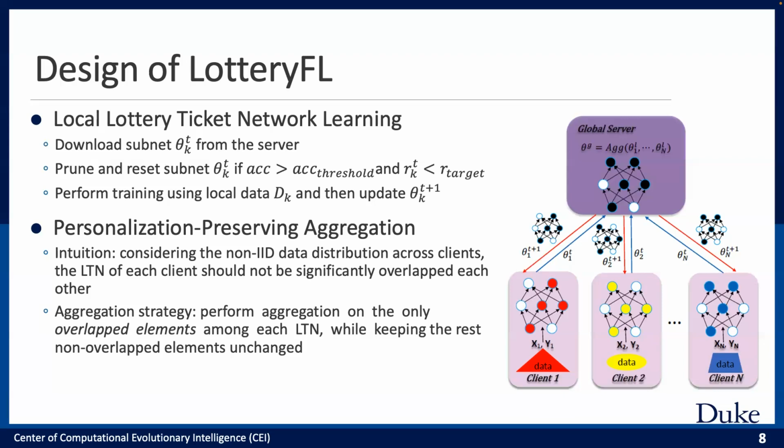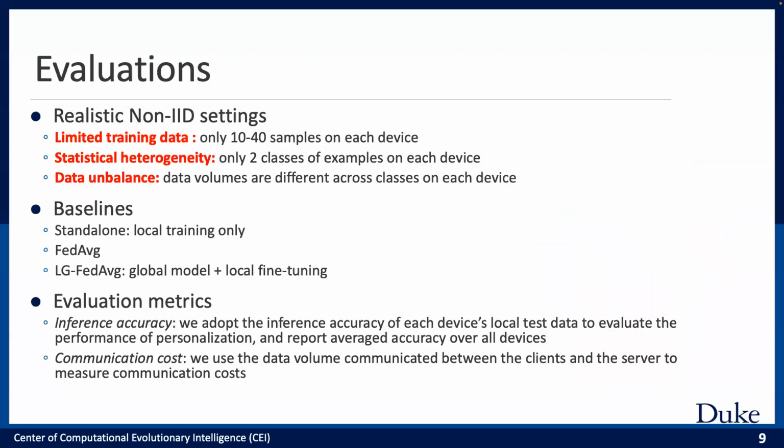By the way, we are not the people who proposed the lottery ticket network. We just use this concept for our federated learning work. We evaluate the whole process using a realistic non-IID setting. We only have limited training data, because that's closer to reality. Each device has limited samples, so that we still need federated learning.